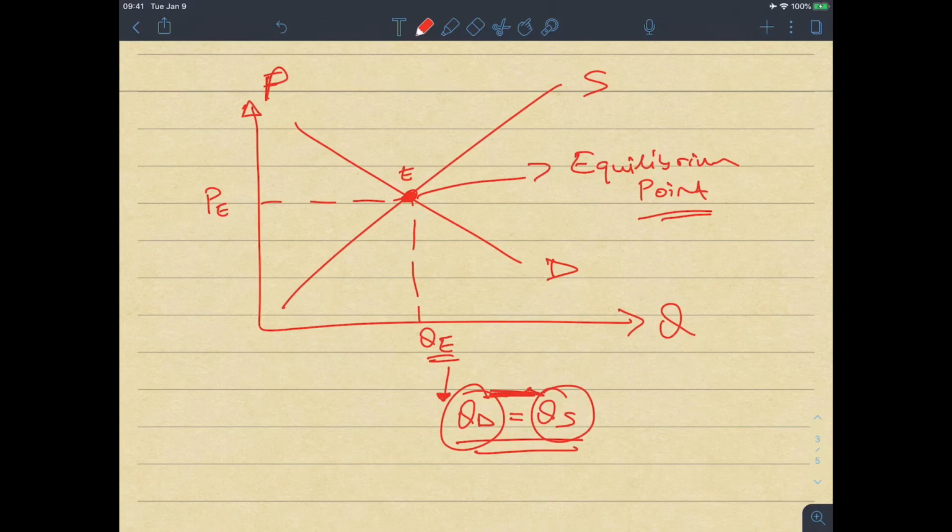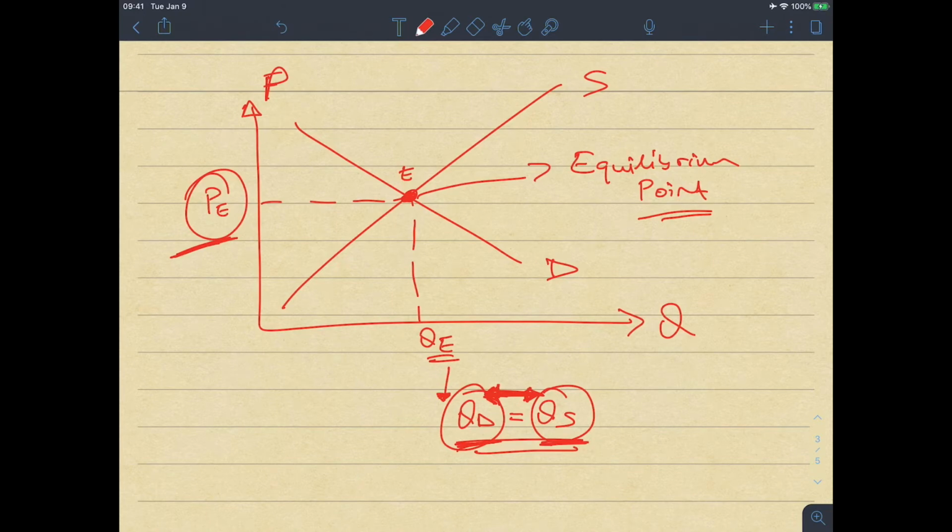So the market is clearing itself. There is no more extra to buy. There is no more extra to sell in that market. Because at that market clearing price, the quantity demanded and the quantity supplied are just the same. There is no leftover in the market.